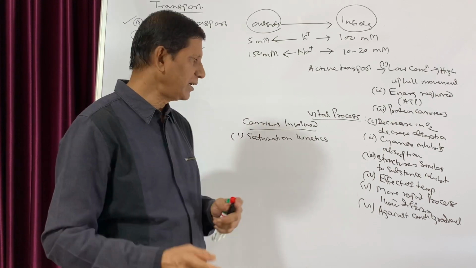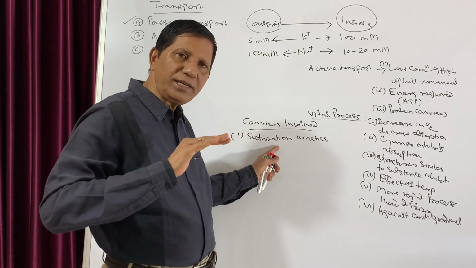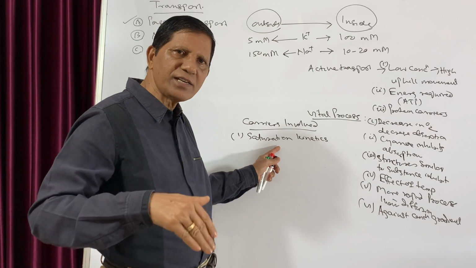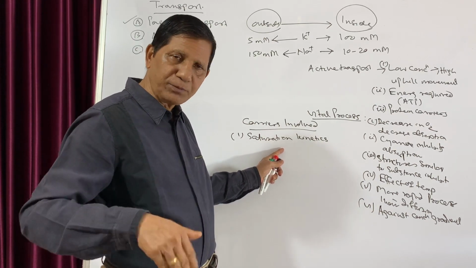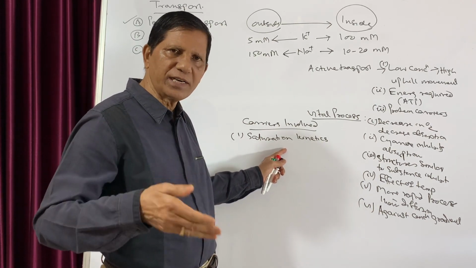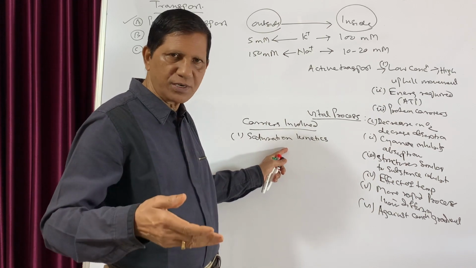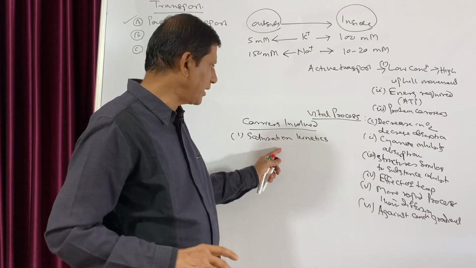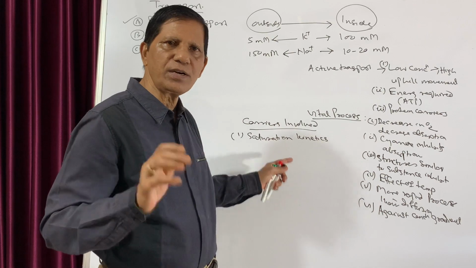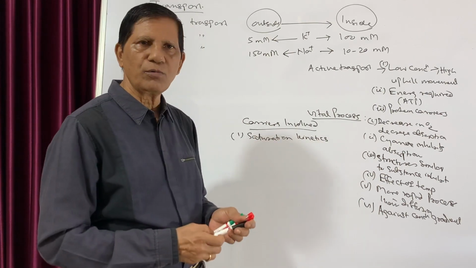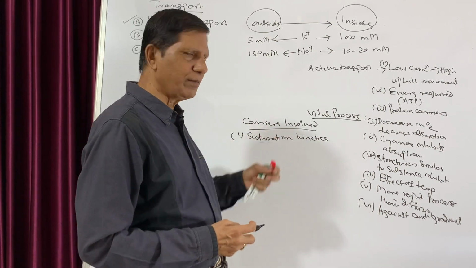So what is that extent? Till all the carriers present in the cell membrane are saturated. After that, if you still go on increasing the substrates, there will be no further increase because all the carriers are saturated. So that is one proof that carriers are involved.